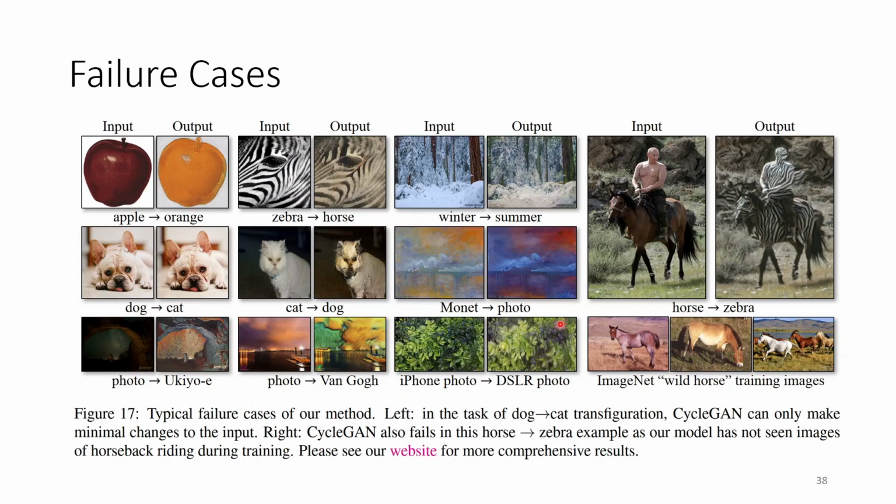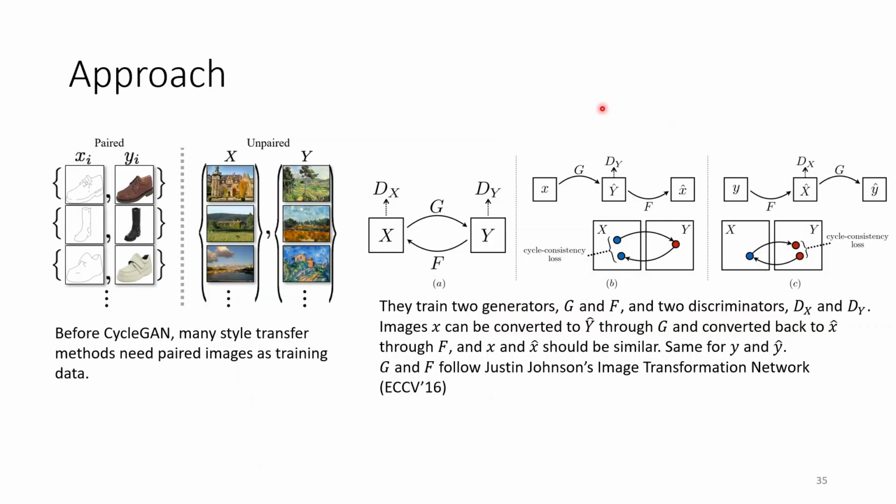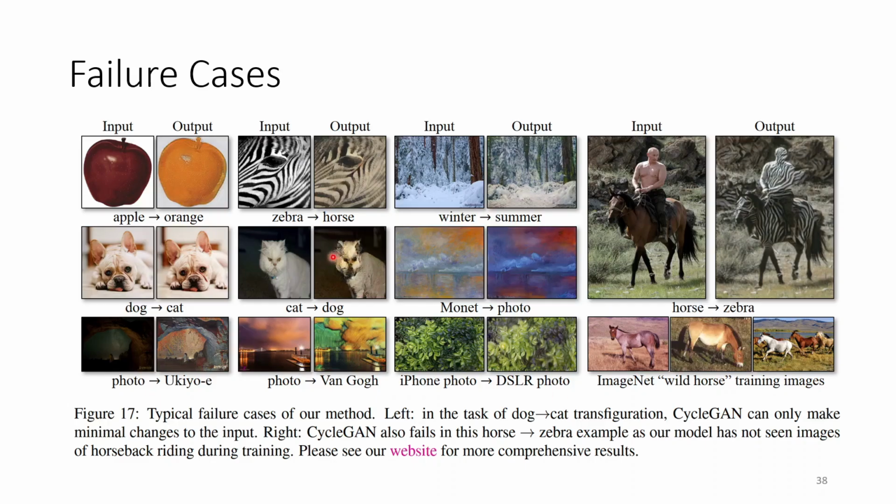For this input, an apple, although they have two sets of unpaired images, for example, this is apple and this is orange, to train the CycleGAN, it doesn't guarantee every image can be well transferred. This is an example. The generated image doesn't look like an orange. It's like a yellow apple.